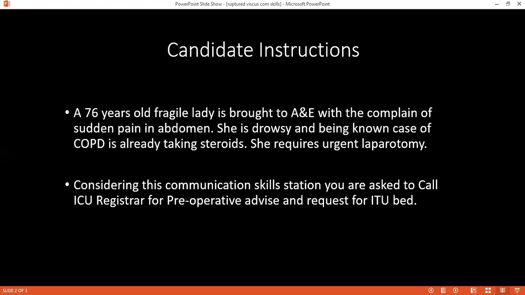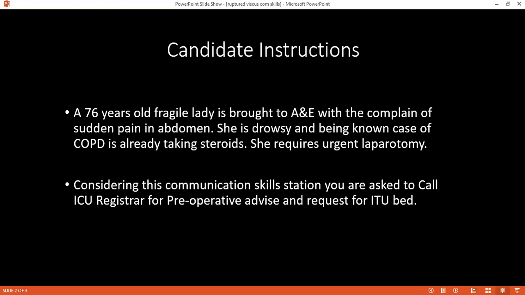Can we summarize what we have gone through? Sure, you still have 4 minutes, so you have to ask more, discuss more. What are the complications that you should look out for since the patient has COPD and might be taking steroids? Yes, with steroids she might develop an Addisonian crisis.